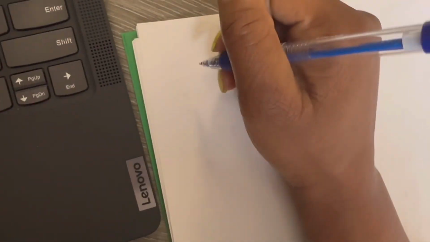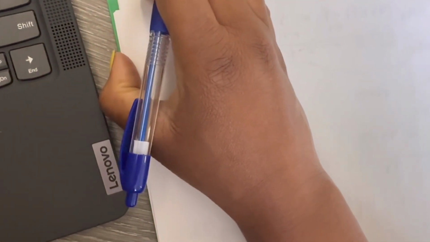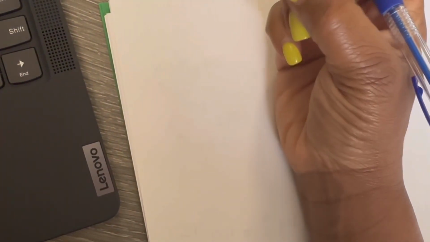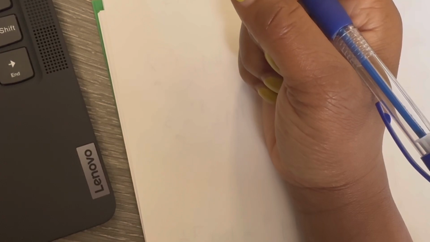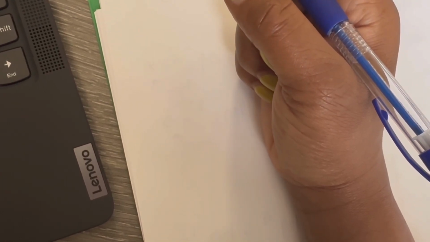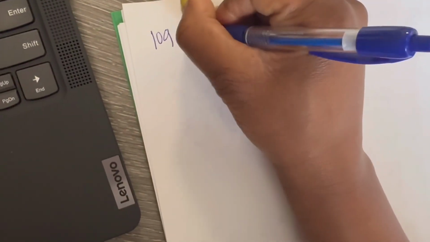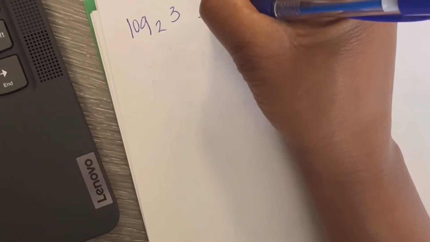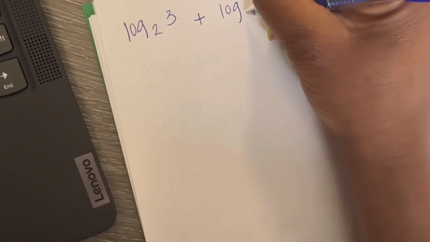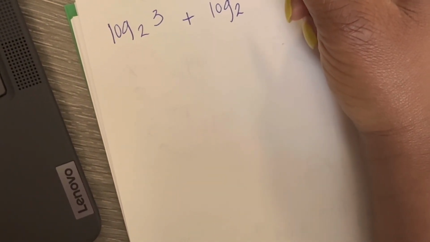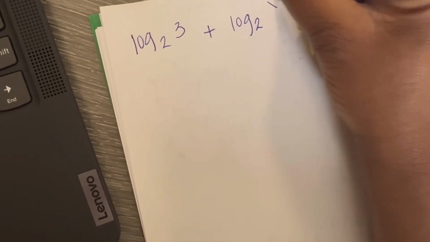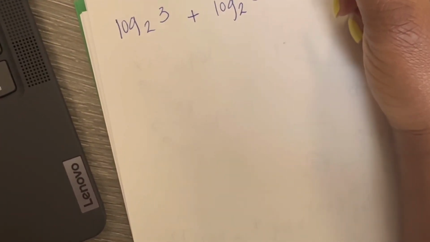All right, let's try, what if you have log base 2 of 3, and you're adding log base 2 of x minus 2, and you're setting that equal to 4.